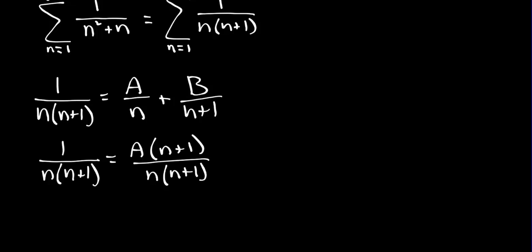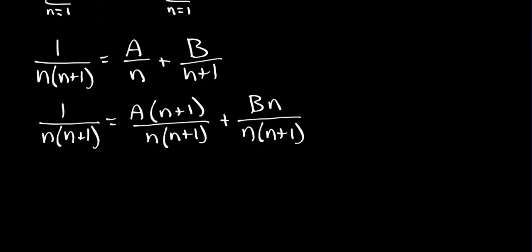See, for this first a over n, I needed an n plus 1 on the bottom, so I multiply the top and the bottom by n plus 1. And then for the b, I just need an n. Okay? So now we have the same denominators, so remember we can put the numerators together, and now we have this situation.